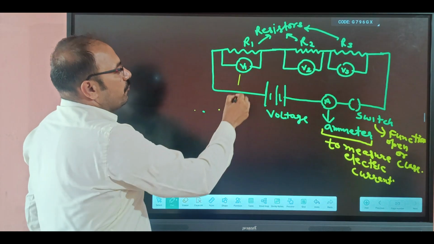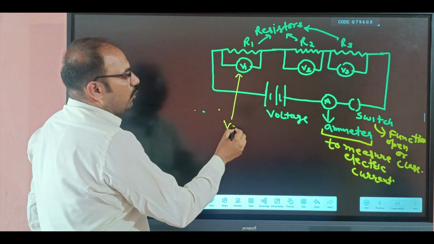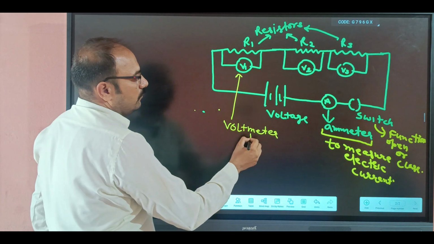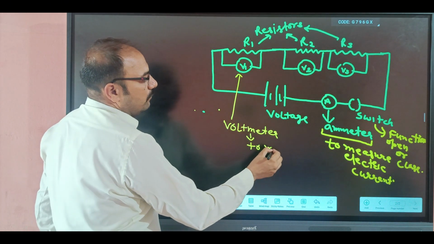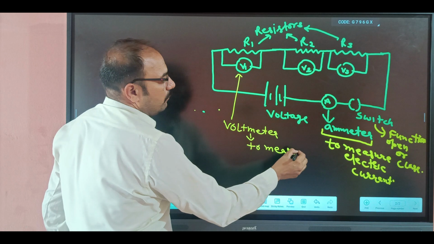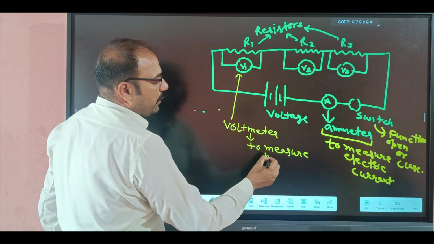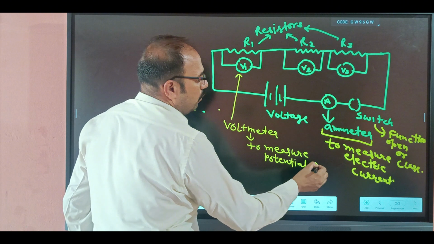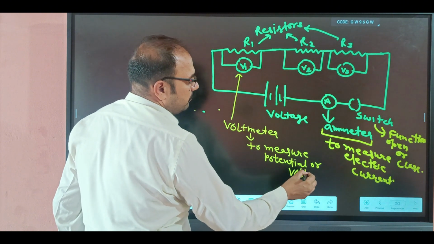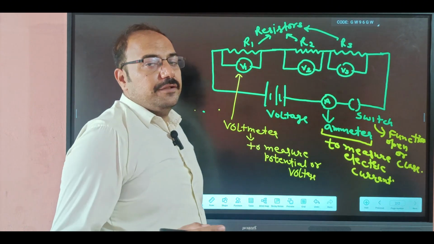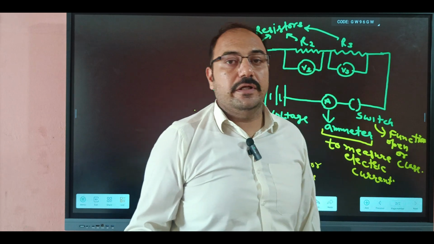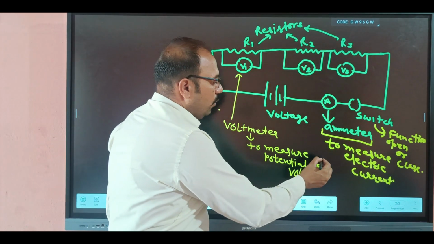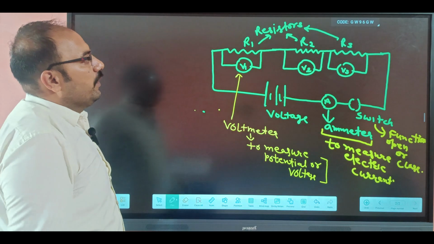And this is the voltmeter to measure potential or voltage, because electric potential and voltage difference are the same thing. So we can write here potential or voltage. So this is a complete circuit.